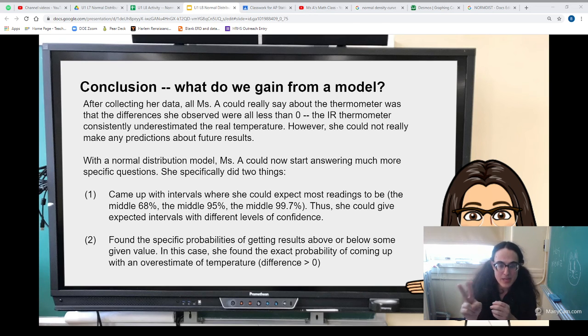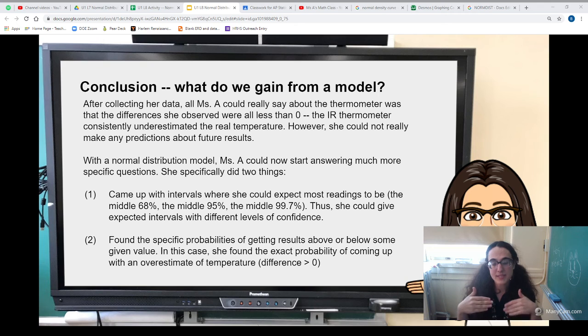The second thing, the one that we are more immediately going to be using, is calculating exact probabilities: the exact probability of getting a future result that is less than some value or greater than some value. In our case, we did this with differences.